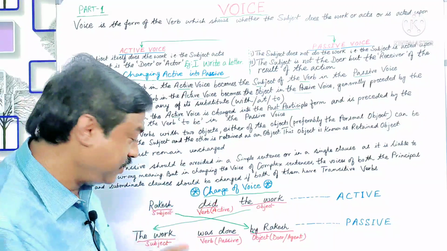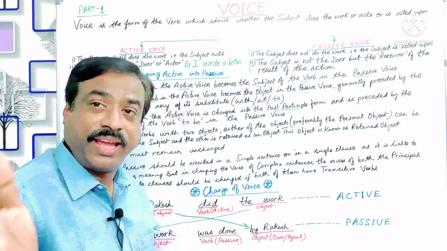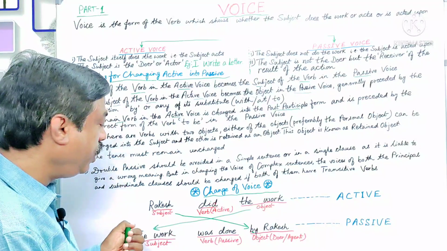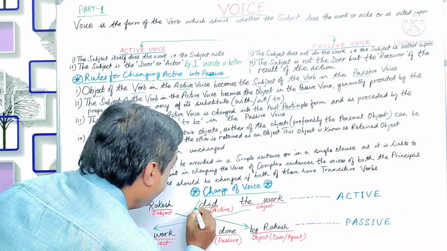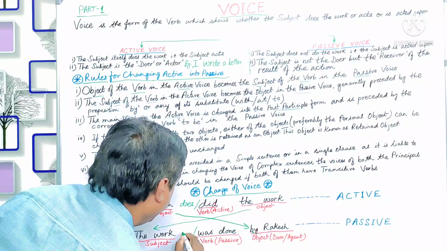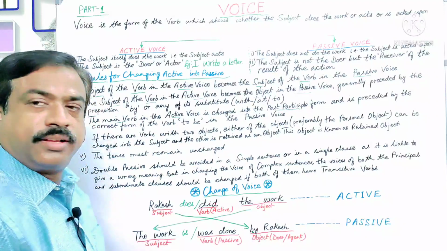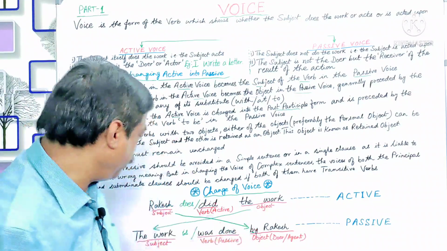So the sentence then will be the work is done by Rakesh. I think it is clear to you. So here if it is does, then it will be is.